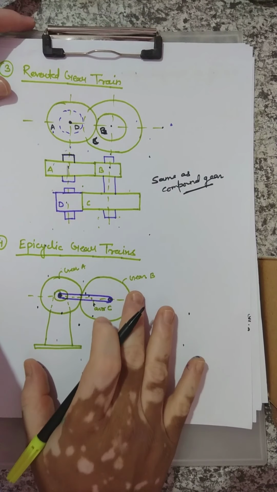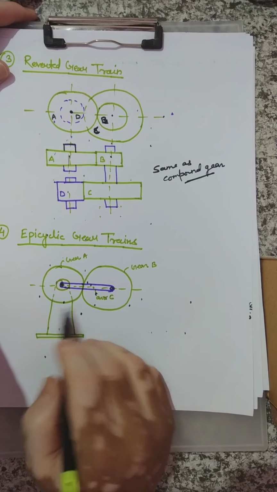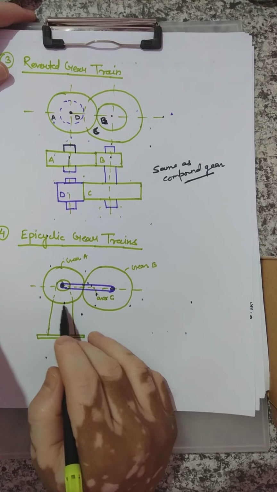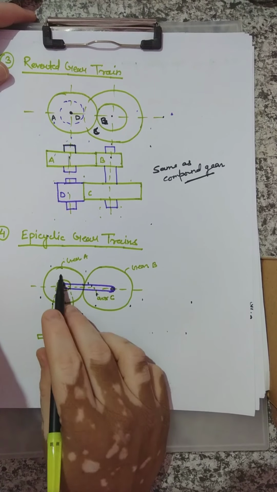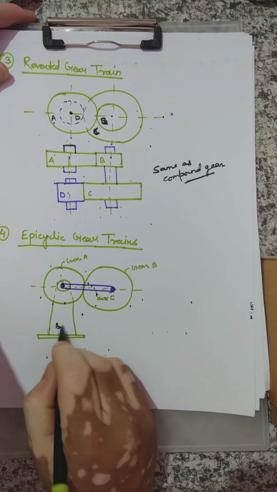This is the most simple epicyclic gear train arrangement, in which we see a gear A which is mounted on some base.